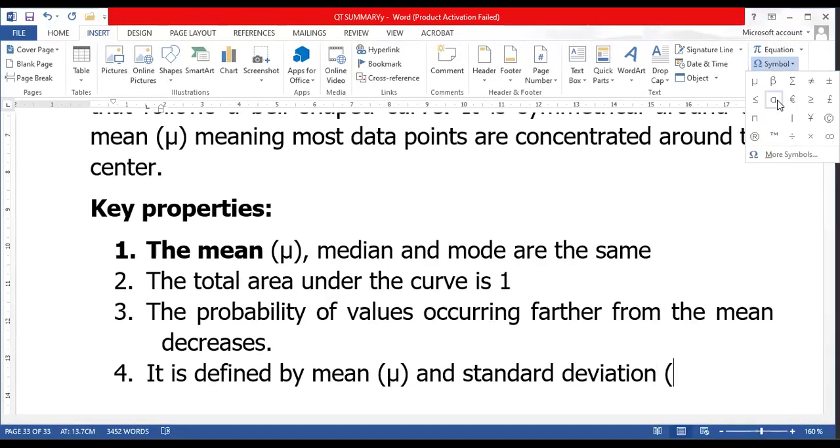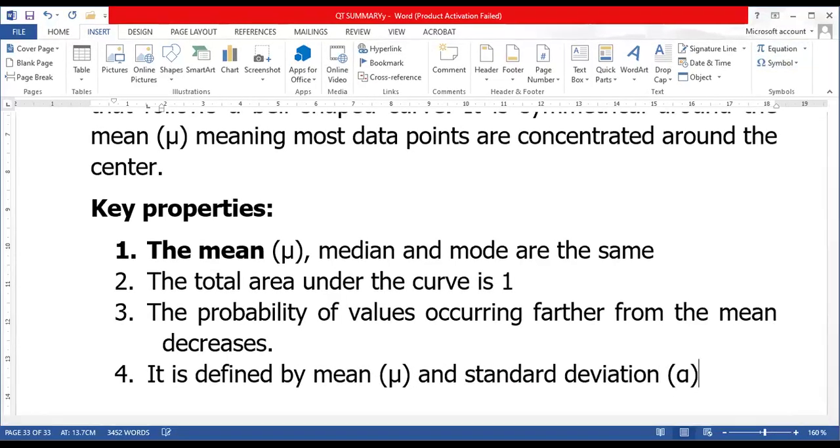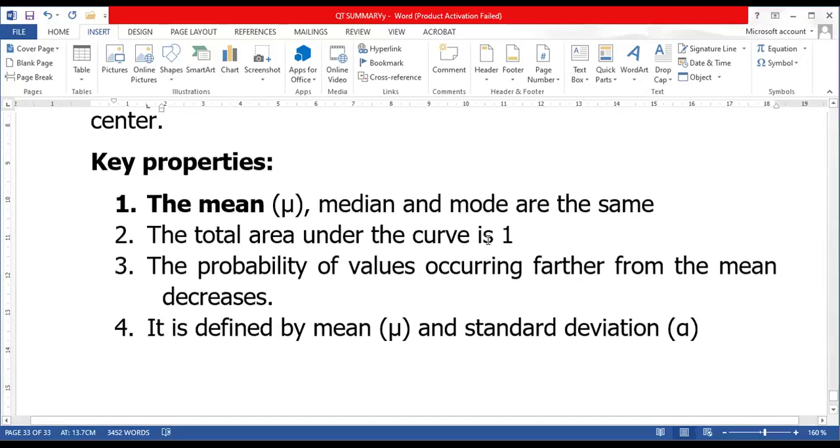As we see the formula, we are going to see that the formula has the mean and the standard deviation. That's what you can put.